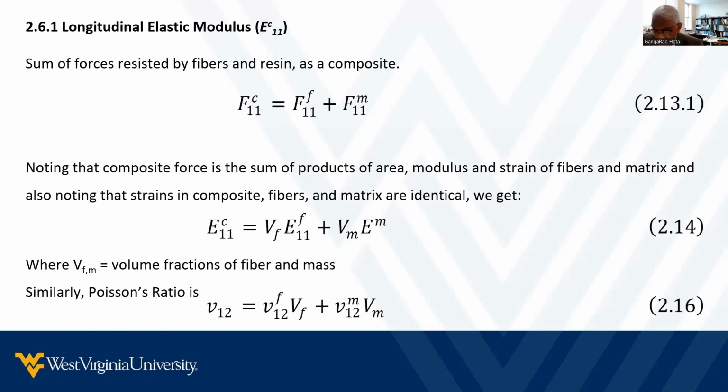Again, the derivation details: the Poisson's ratio of a composite is equal to the Poisson's ratio of the fiber, which is approximately 0.2 for glass, multiplied by the fiber volume fraction. Add that to the Poisson's ratio of the matrix. That's why I said mu_f and mu_m. M stands for matrix, which is in the range of about 0.3. Multiply that with the volume fraction of the matrix.